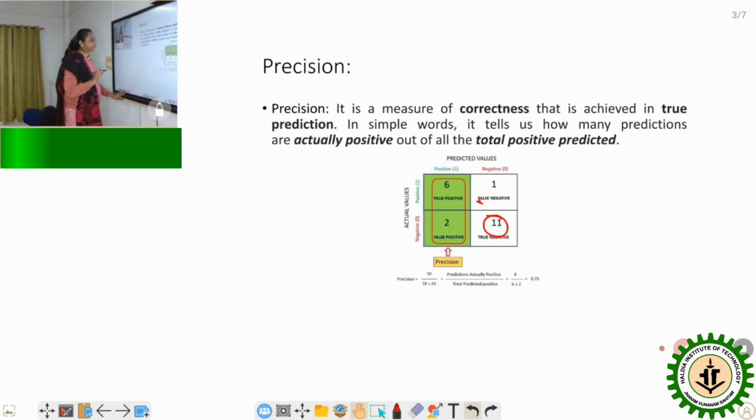That's why in the false positive we have written the value as 2. That means in the false positive the predicted value is positive whereas the actual value is negative. That means we have predicted it as a cat but originally it was a dog.